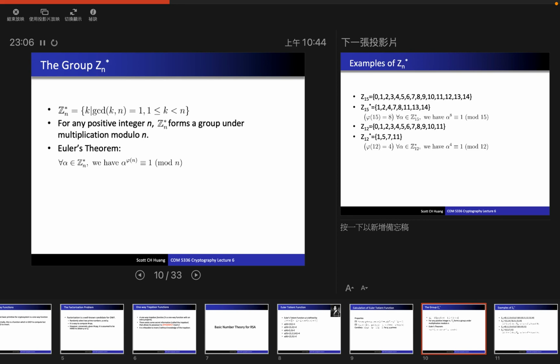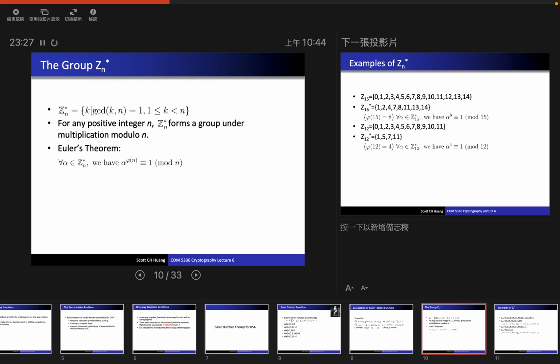Usually the only problems are closure and inverse, because associativity is trivial. Natural numbers are associative under multiplication. But for inverse, it's not obvious.